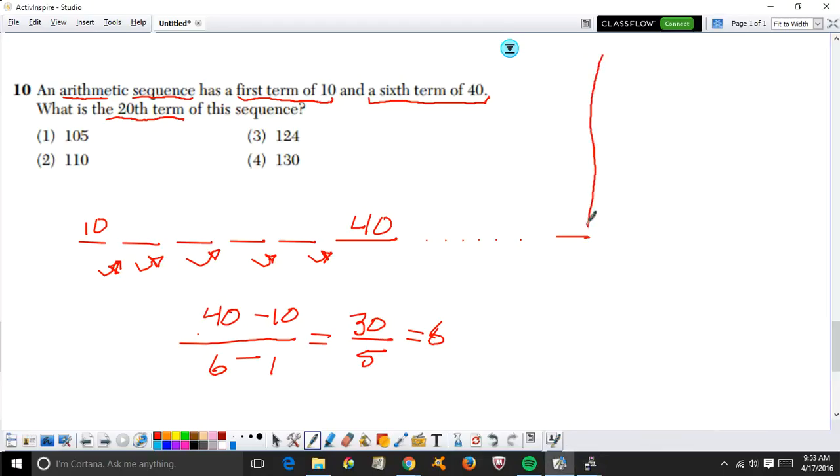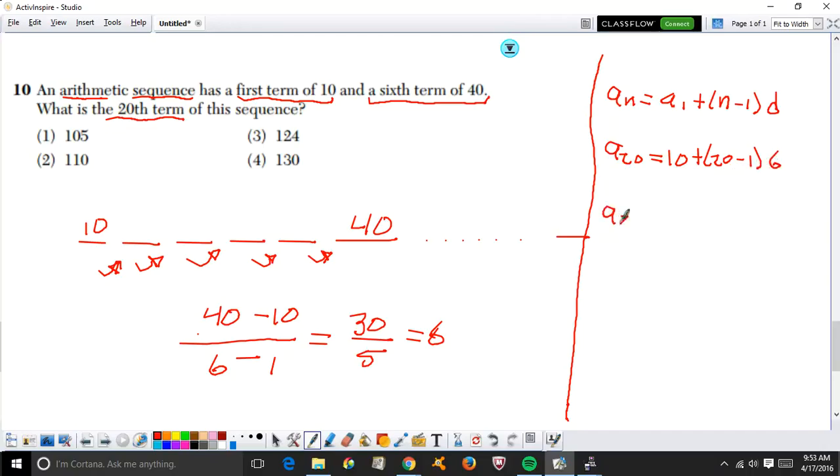Now, that is not our answer. We're looking for the 20th term. In order to find it, we're going to apply the explicit formula. Remember that the explicit formula is an equals a1 plus n minus 1 times d. So we're looking for a20, which is equal to a1, which we know is 10, plus n, which is 20, minus 1, times the difference, which we found to be 6.